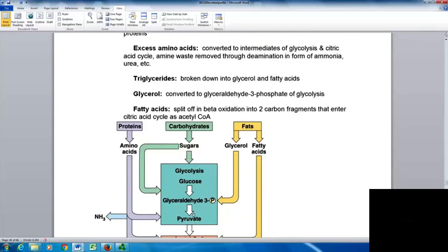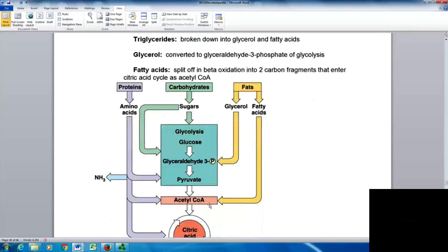The triglycerides, these are going to be the form your fats are going to come in. They will have a glycerol molecule with 3 fatty acids attached. The glycerol molecule will be pulled off and it comes in at glyceraldehyde 3-phosphate. So it has the option of being converted back into glucose or into pyruvate. The fatty acids are going to come down here at acetyl-CoA.